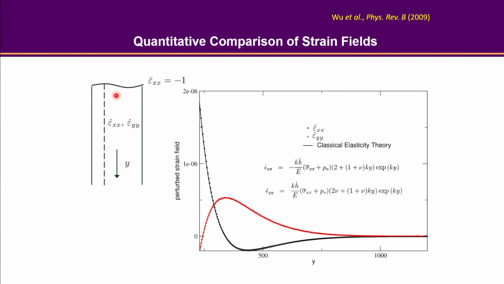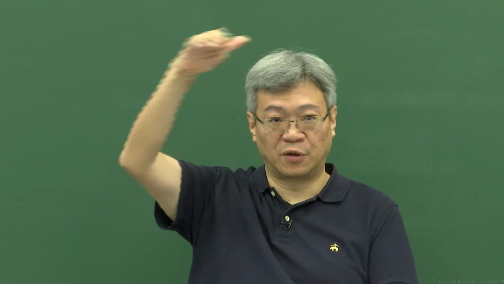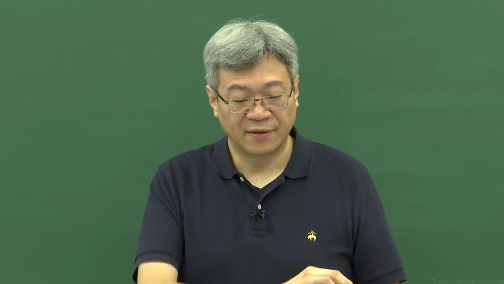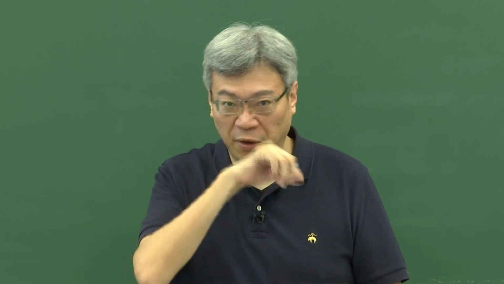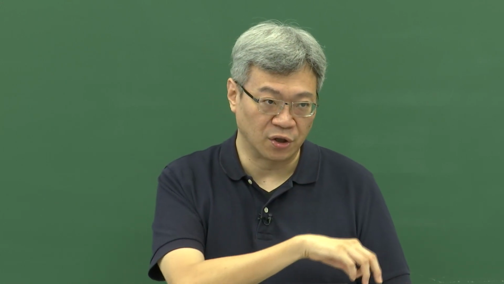Then we calculate the strain field along the line across the peak, okay? And in this simulation, we actually have a rather extended solid, right? We don't want an interaction between the top surface and bottom surface. So by the technique we introduced earlier, you can pinpoint accurately the location of atoms. So from there, you can easily calculate the strain field.